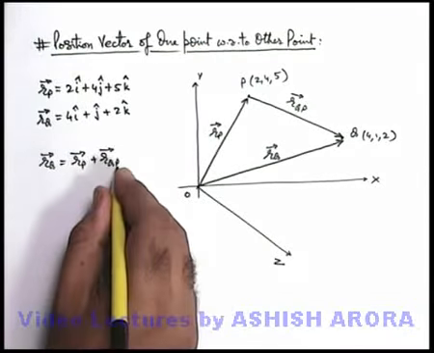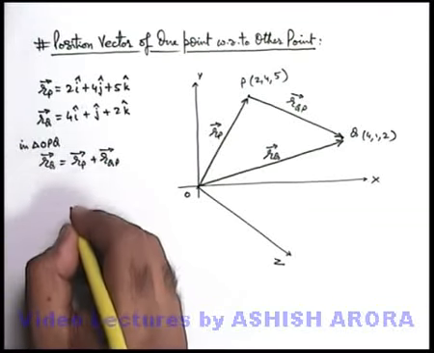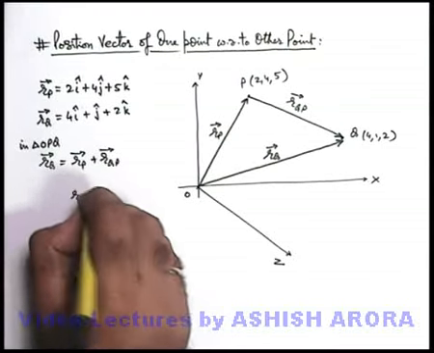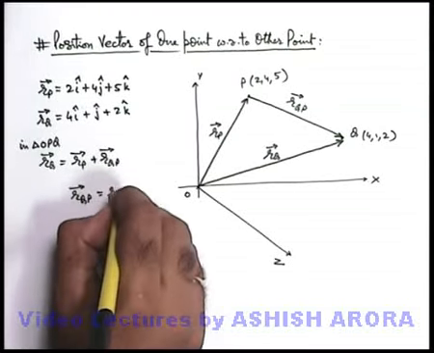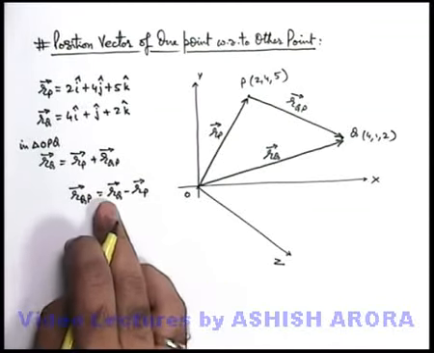By triangle rule we are writing this in triangle OPQ. Now from here we can find RQP. This can be directly given as RQ minus RP. This is a quite useful relation.